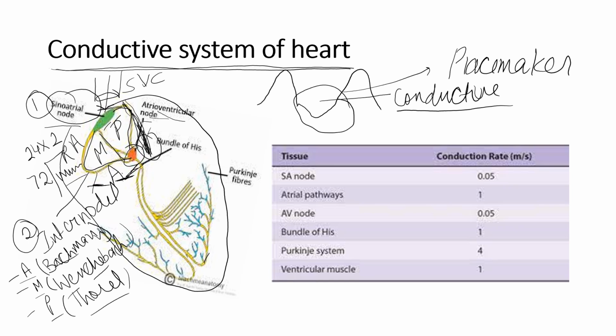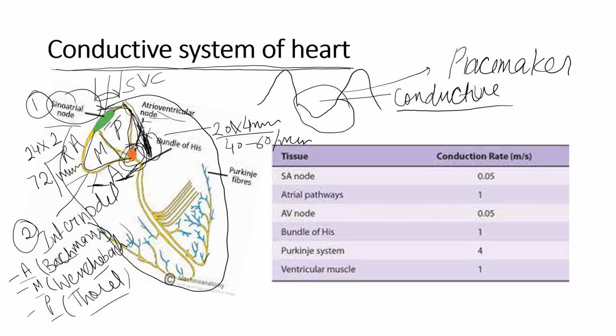So near the tricuspid valve and the lower end of the interatrial septum, this is the location of your AV node. The dimensions are approximately 20 into 4 mm, and it can generate a rhythm of 40 to 60 per minute.